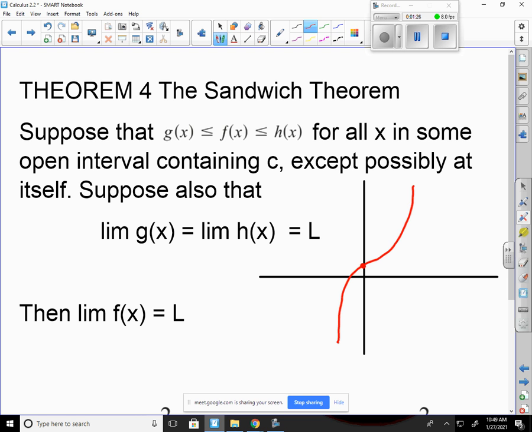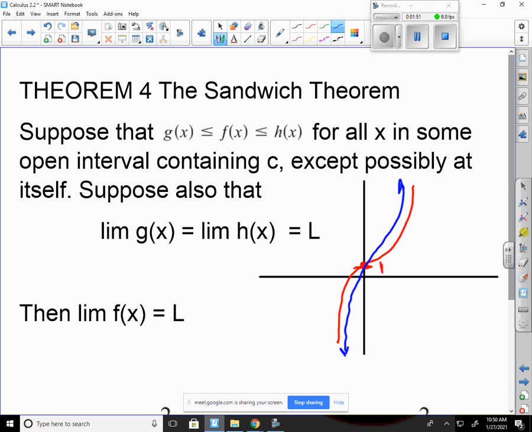As I'm approaching 0, it's approaching this point here. We'll even say that that's 1, right? So that's g of x. Then let's say I have f of x, which starts out higher than that, but it comes down and approaches the same point and goes down like that.